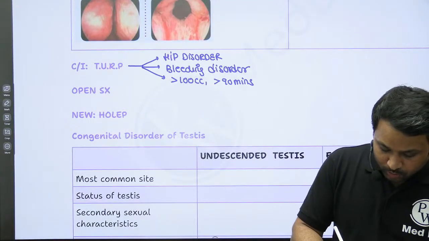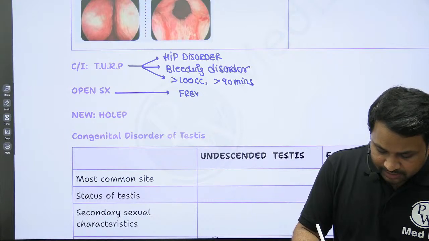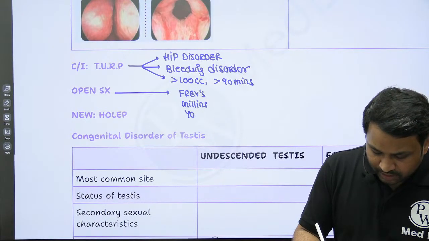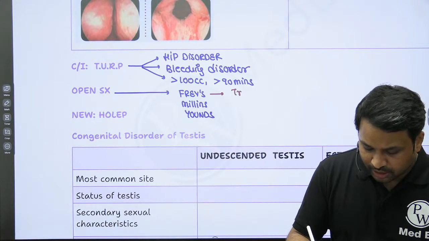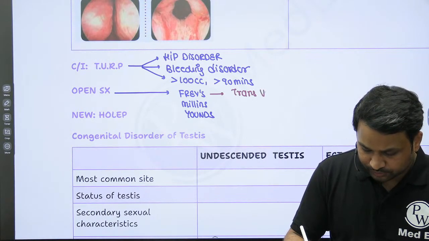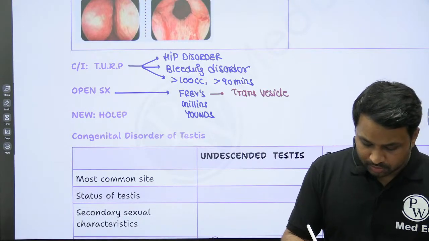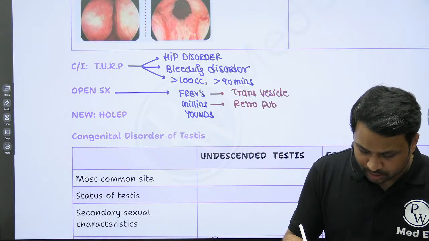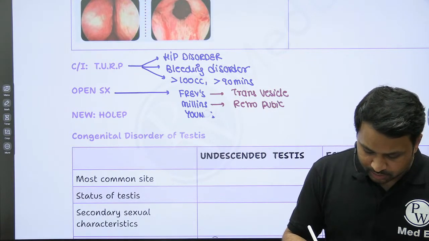Now, what are the open surgical options that you have? You have Freyer's technique, you have Millin's technique, and you have Young's surgery. All that you should know: Freyer's is a transvesical approach. Millin's is considered a retropubic approach, and Young's is considered the perineal approach.